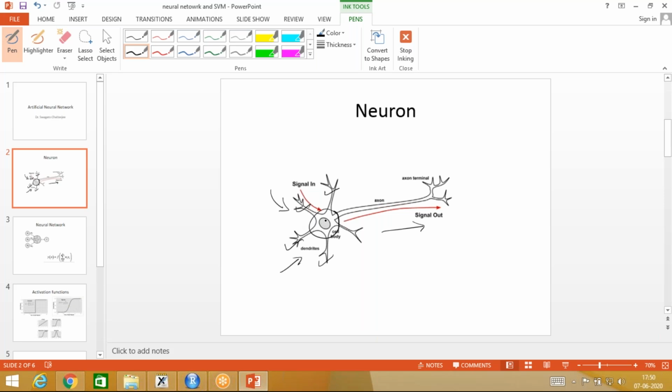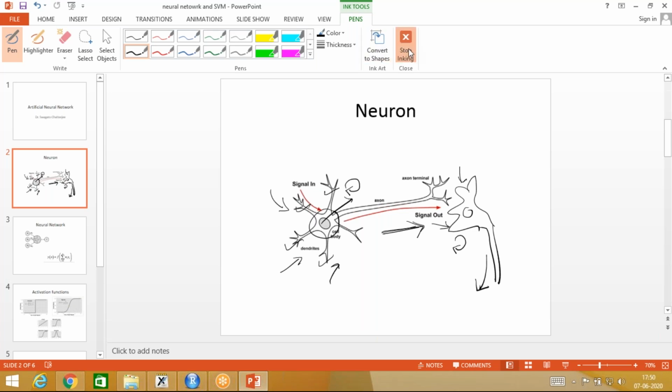In the cell body, the data transformation happens, and then through this axon the data goes to the next cell, which again has some dendrites and an axon. This cell also collects the data, transforms it a little bit, and then passes it on through its axon. So that's how the neuron works in our body.